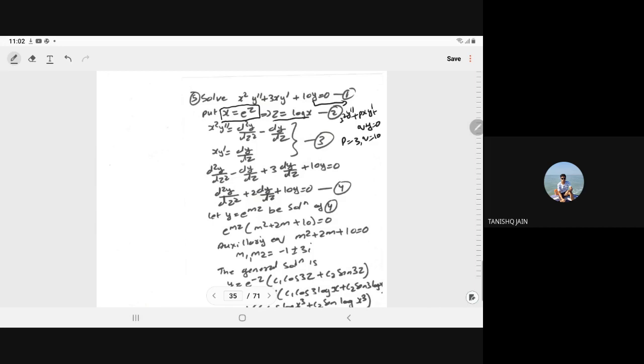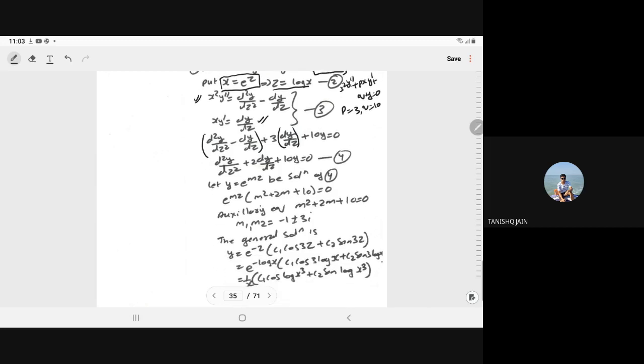Now when we compute dy by dx, x into dy by dx will be dy by dz, and x square d2y upon dx2 will be d2y upon dz2 minus dy by dz. In the last class I have given you this derivative. So plus 3 into x into y dash is equal to 3 dy by dz, plus 10y.